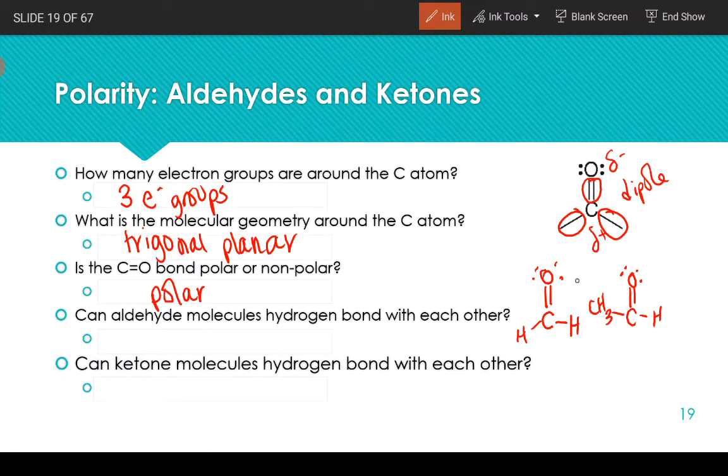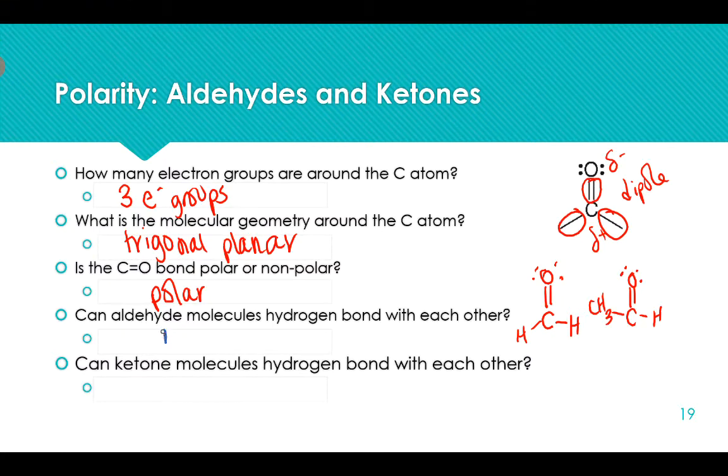Well, the answer is no. We do not have a donor. No H bonded to N, O, or F. The only H here is bonded to a C. And so the hydrogens here are not eligible for hydrogen bonding. And so there is no donor.